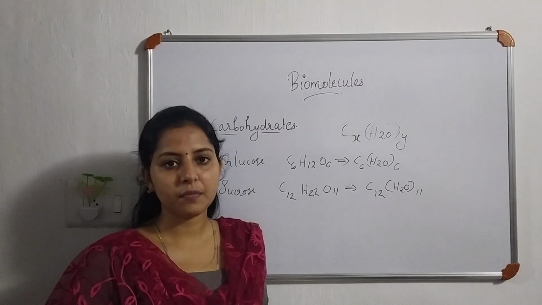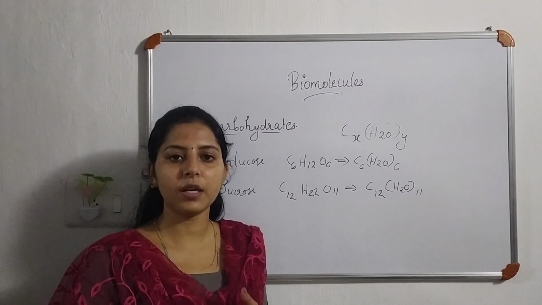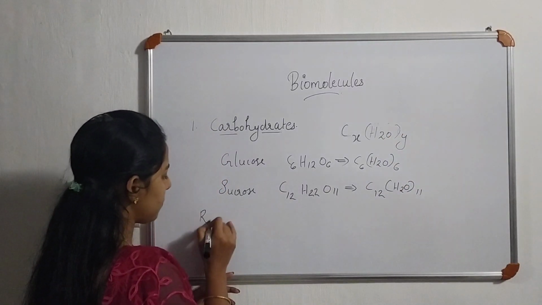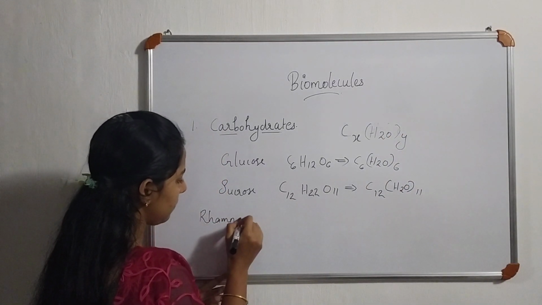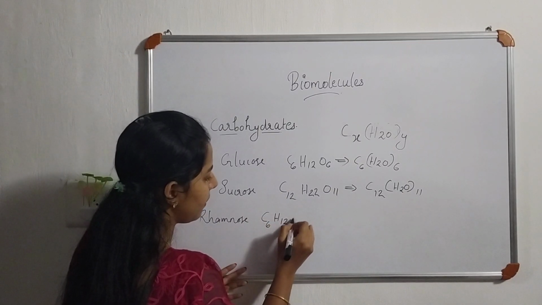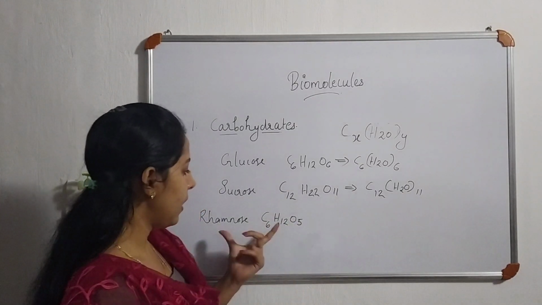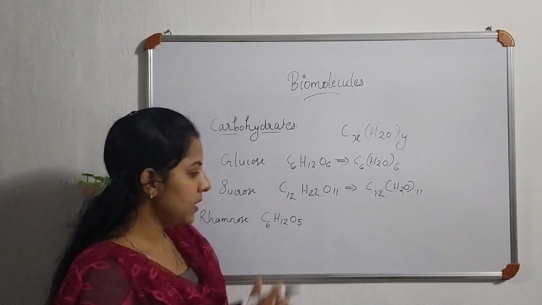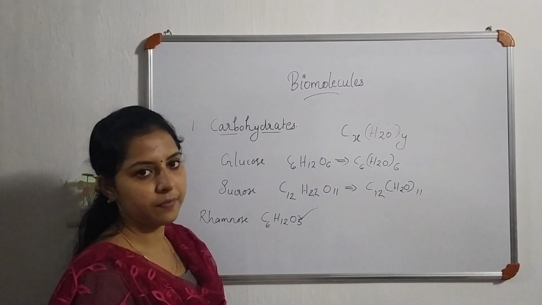But later it was found that some of the carbohydrates cannot fit into this formula. For example, rhamnose, whose chemical formula is C6H12O5. This carbohydrate does not correspond to this formula, but it is a carbohydrate.